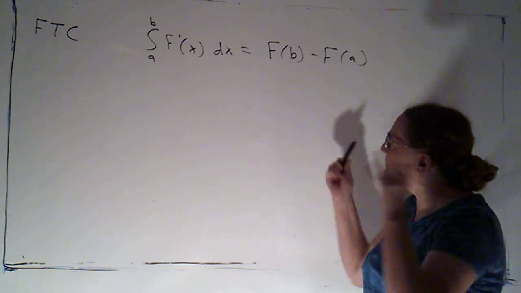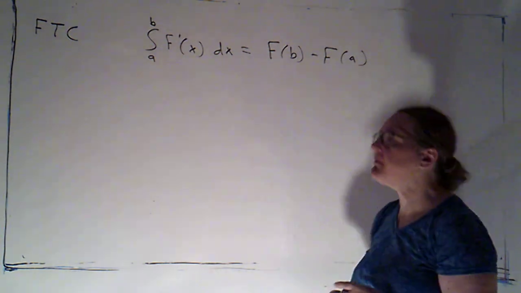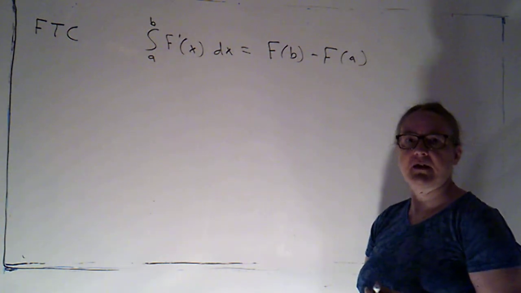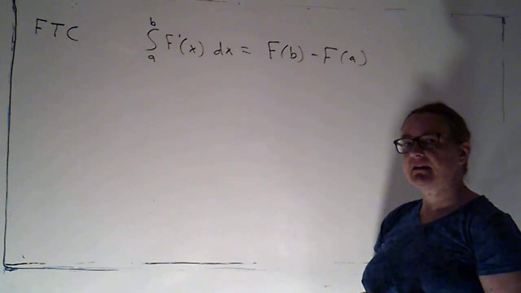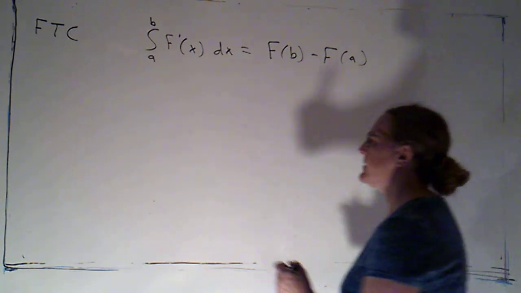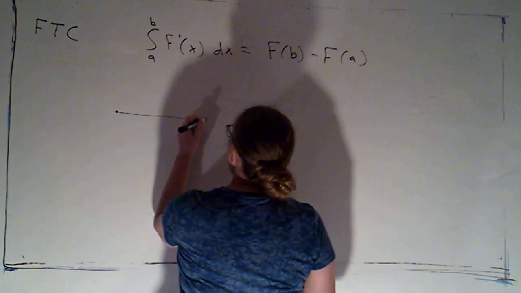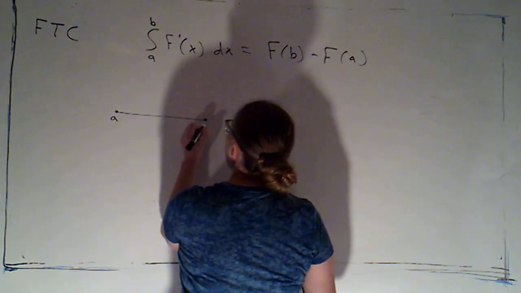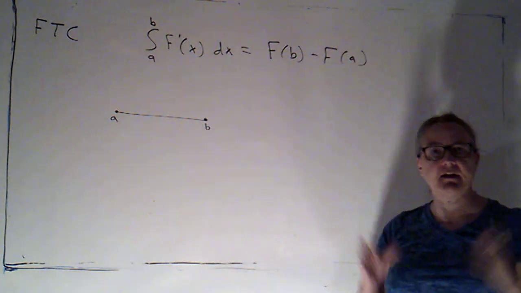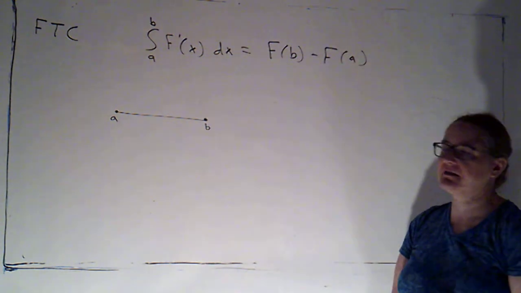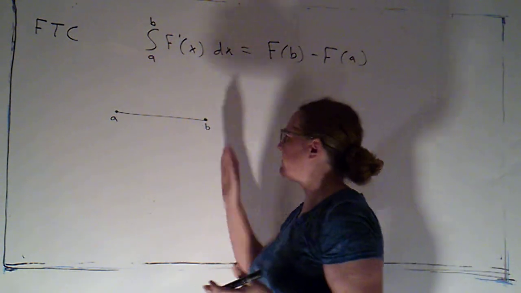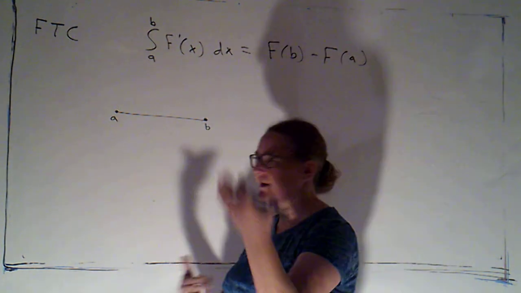Okay. Now that was kind of mind-blowing at the time, and perhaps still should be. I want to present that in a slightly different way. We were integrating over this one-dimensional region from point a to point b, an interval along the x-axis. Most of the time we're integrating left to right. It is possible, of course, that we're integrating backwards.